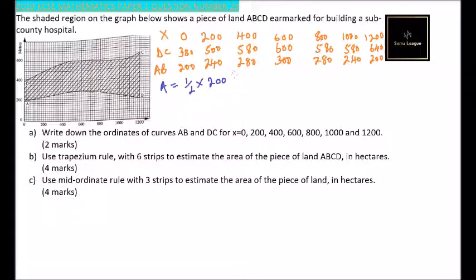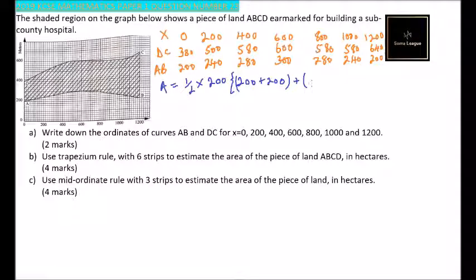Then we put into bracket the first and the last ordinates. So here we have the first is 200 plus the last is 200. That is the area under AB. We close the bracket. Then here we say add.